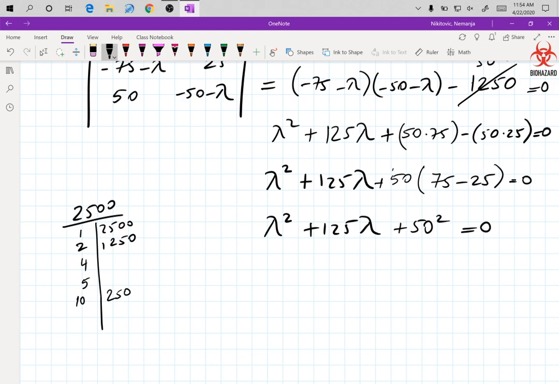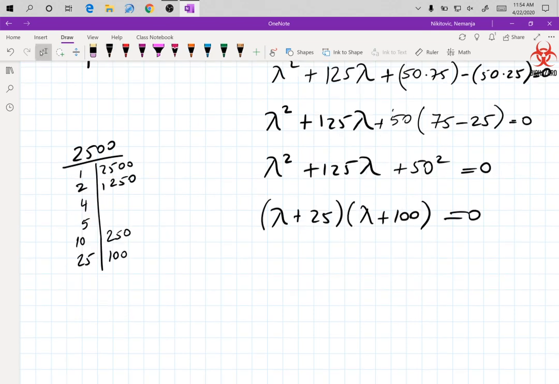That's not enough. 15, 25. 25 and 100. Yep, they add up. Great. So lambda plus 25, lambda plus 100 equals 0. And I have lambda equals negative 25 and lambda equals negative 100. I have my two eigenvalues an hour later.